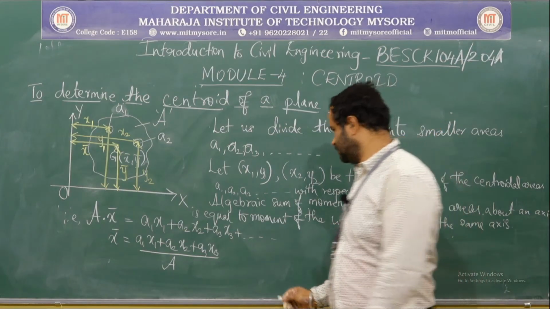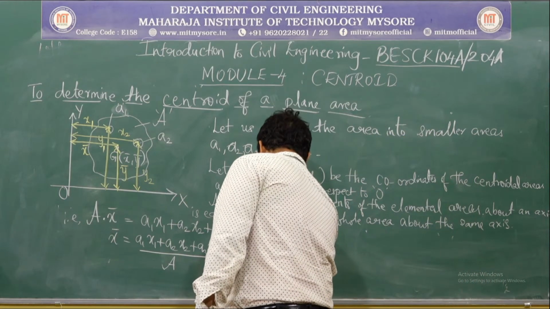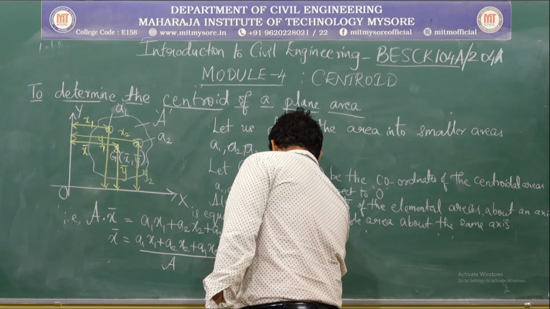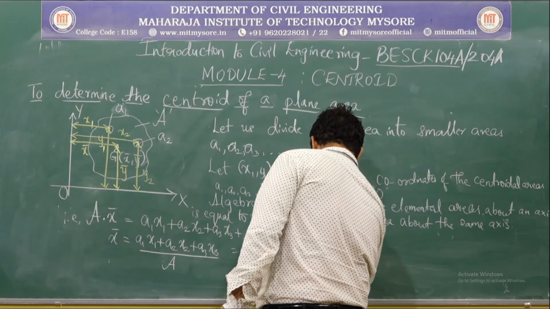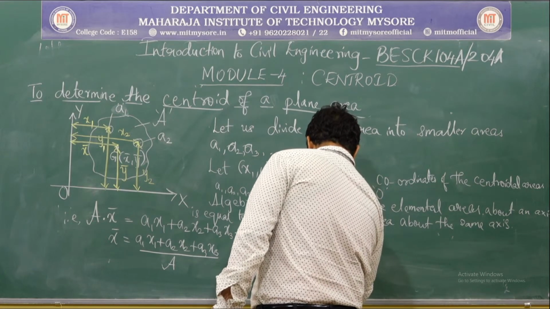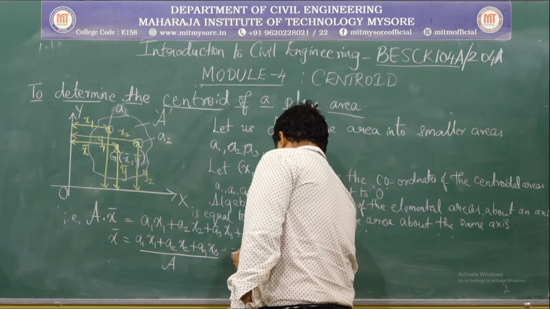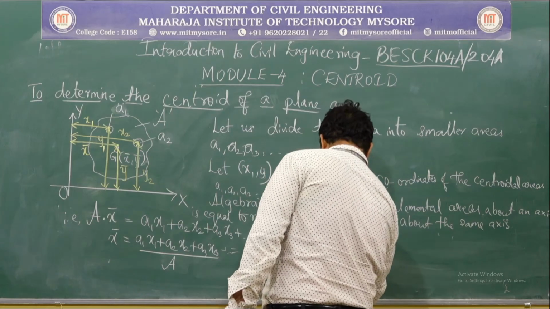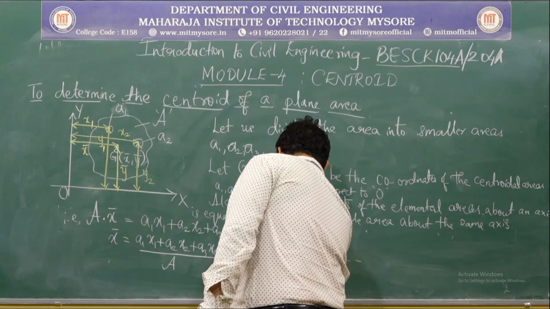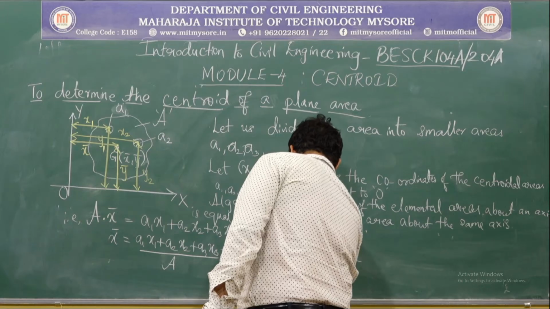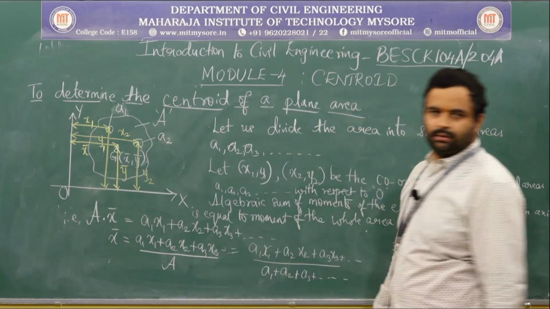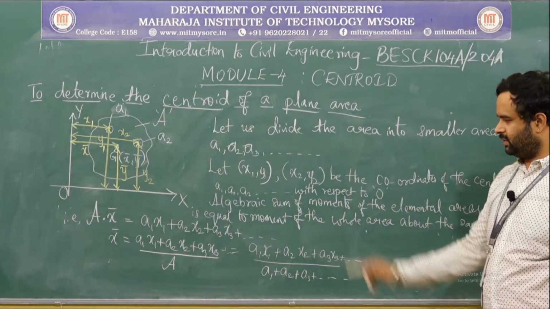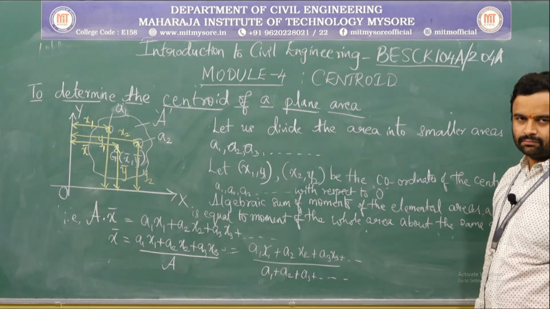It can be written as a1 x1 plus a2 x2 plus a3 x3 plus etc. divided by small a1 plus small a2 plus small a3 plus etc. This is the formula for x bar.